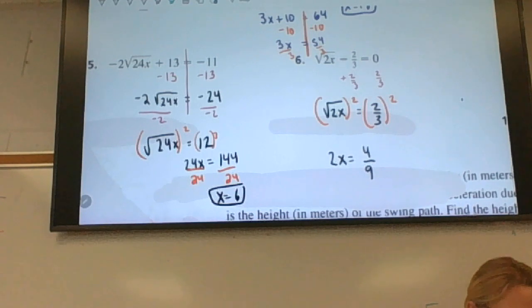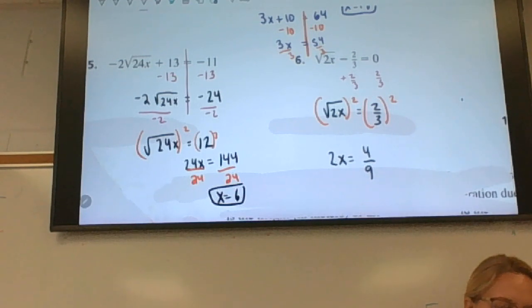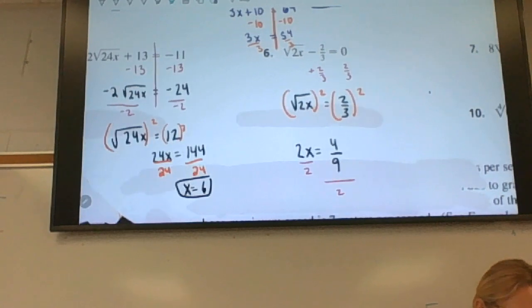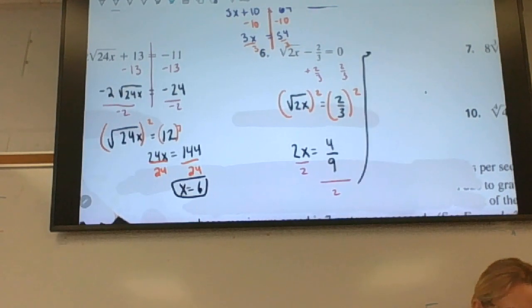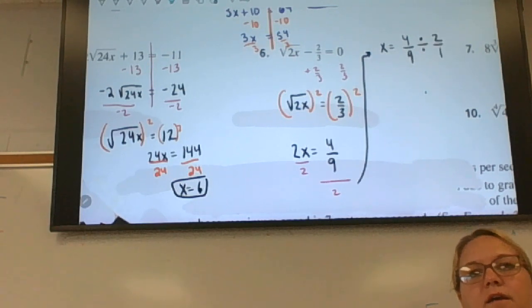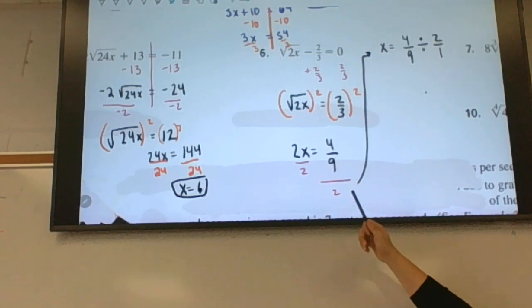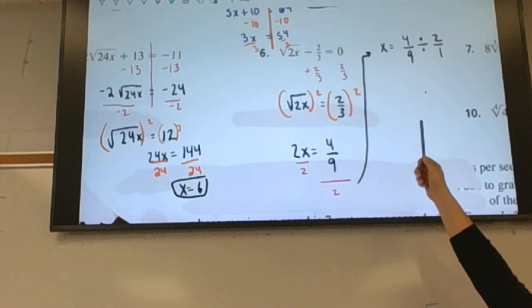Now I'll have to divide by 2, and this is where I might lose some of you. Divide by 2. So this is x is 4/9 divided by 2 over 1. You can show it as a complex fraction and then put it in your calculator.